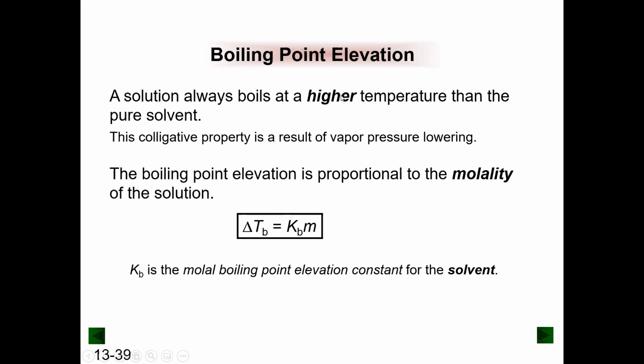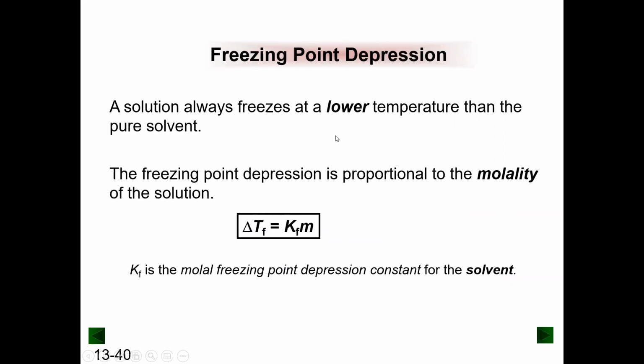The next one we're going to talk about is freezing point depression. How many of you see salt on the ground whenever it's snowing? People throw salt on the ground, right? The reason they do that is because the salt mixed with the water actually lowers our freezing point. If the temperature outside is 32 degrees Fahrenheit, that is the temperature at which the water on the floor would turn into ice, and then we would slip.